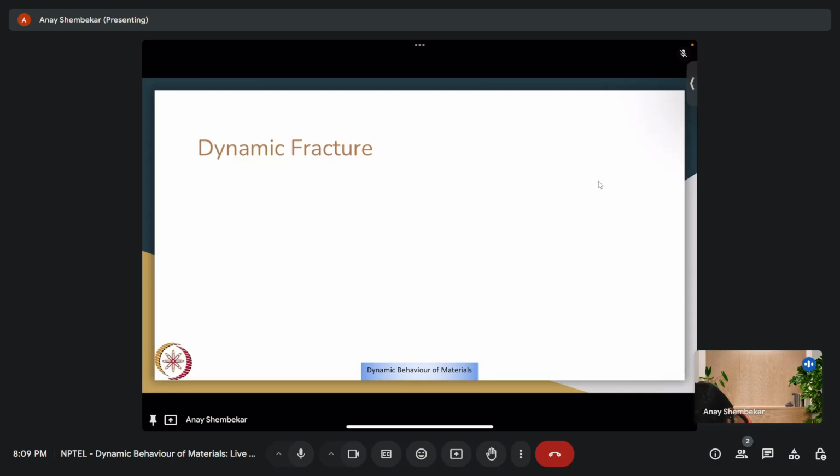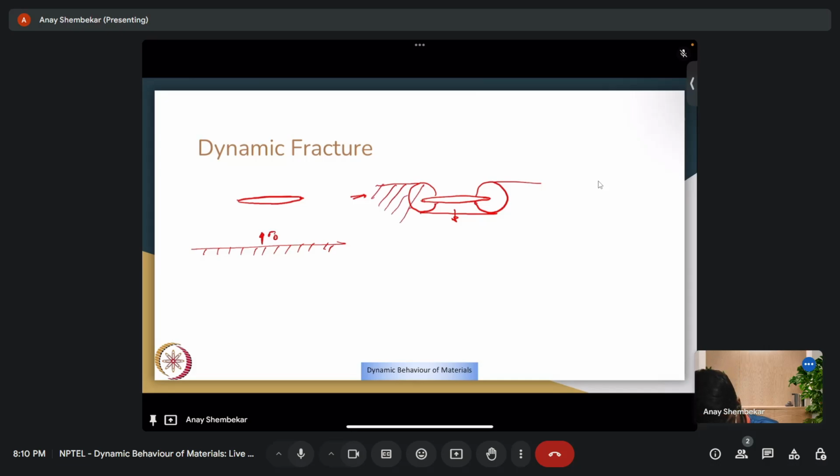Finally, we are interested in understanding what happens if. So this is similar to the elastic wave propagation that we have seen, but suppose you have a stress wave approaching a crack. What happens is as it interacts with the crack, the crack tips start radiating, and that looks like this.